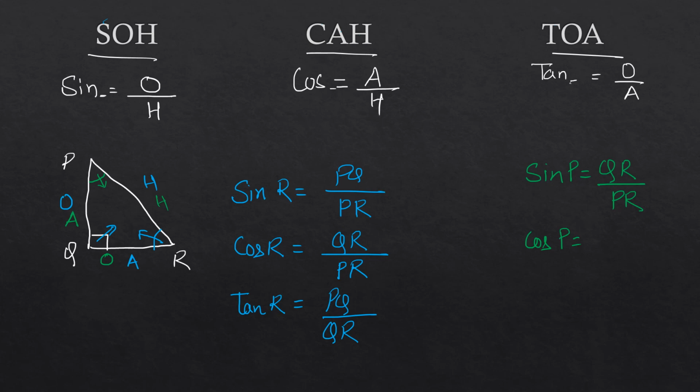The adjacent side is PQ over the hypotenuse PR. And then tan of angle P is going to be opposite over adjacent. The opposite side is QR, and our adjacent side is PQ. So this is how we can find the trigonometric ratios.